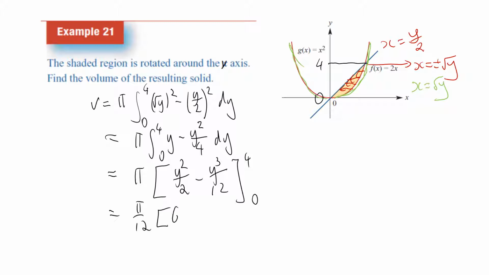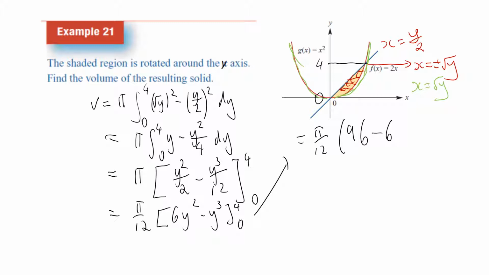So that becomes 6y squared minus y cubed for 0, leading to pi on 12. 4, that's 16 times 6. 16 times 6 is 96, minus 64, minus 0, 0.